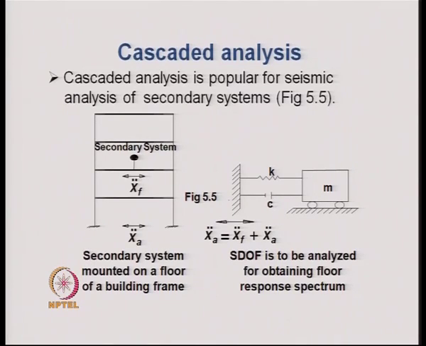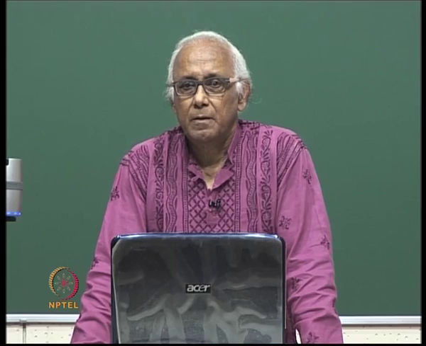Especially for industrial structures, we have many secondary systems. Similarly, in nuclear power plant structures, many of the structures are idealized as secondary systems.